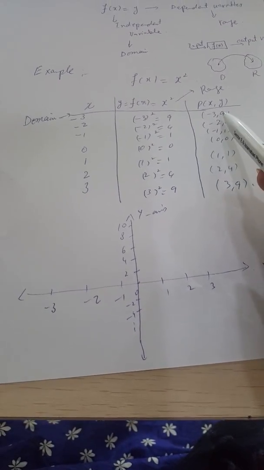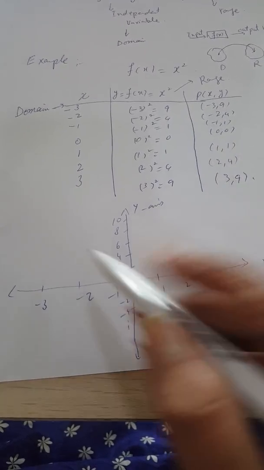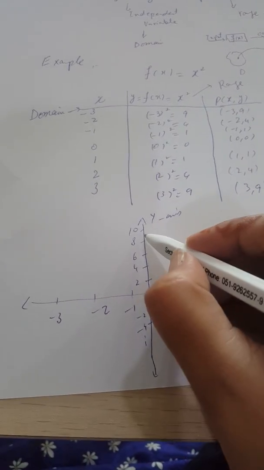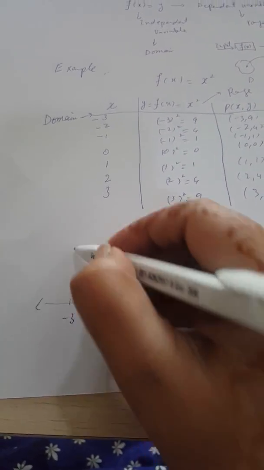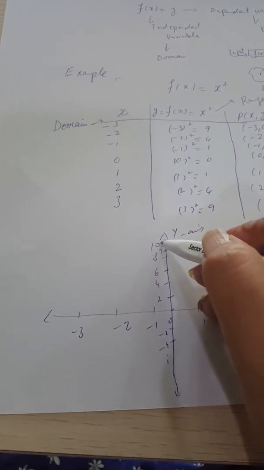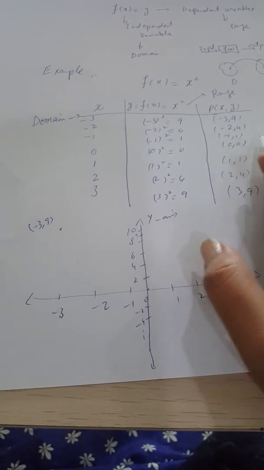So -3 and 9 is the first point: x is -3 and y is 9. The 9 would be in the middle of 8 and 10. I draw this point here, -3 and 9, then -2 and 4.